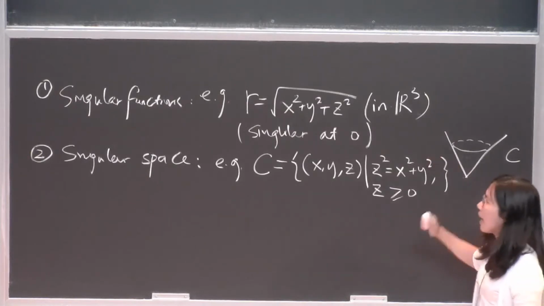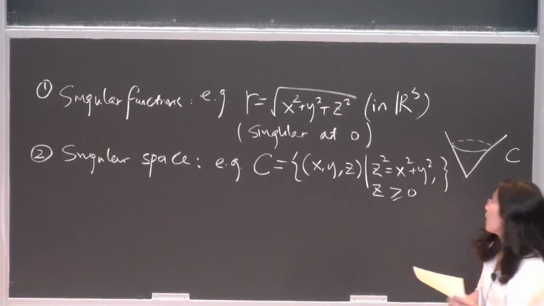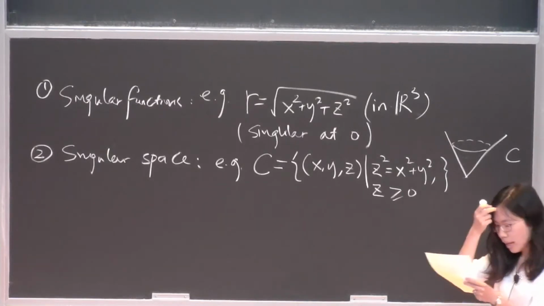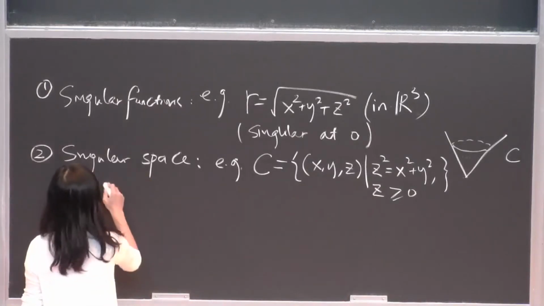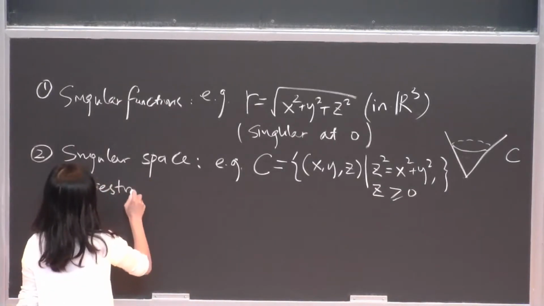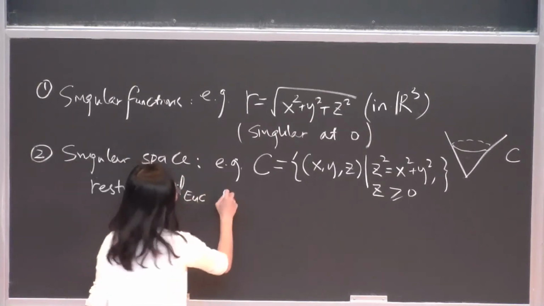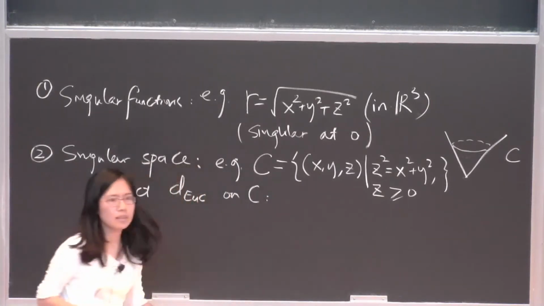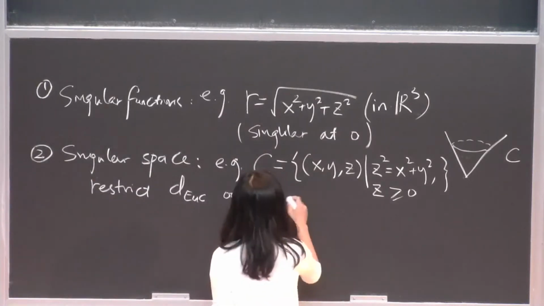That's why functions and spaces are related. So that's a space, and the tip already gives us a problem. In particular, I can talk about a metric on this. I can restrict the usual Euclidean metric to this cone. Then you can compute it, and this is going to be a conical metric.